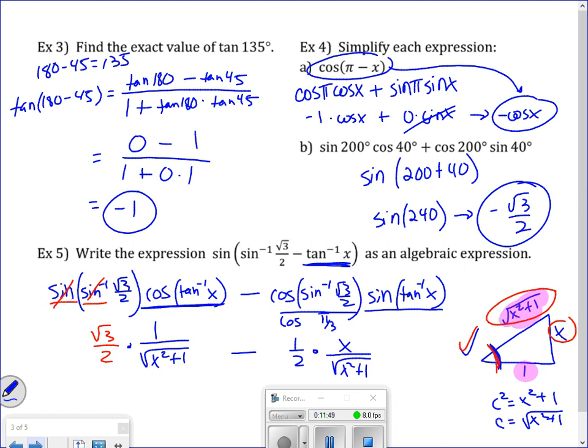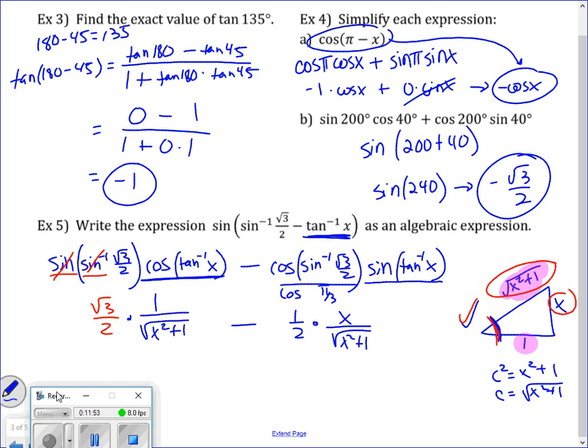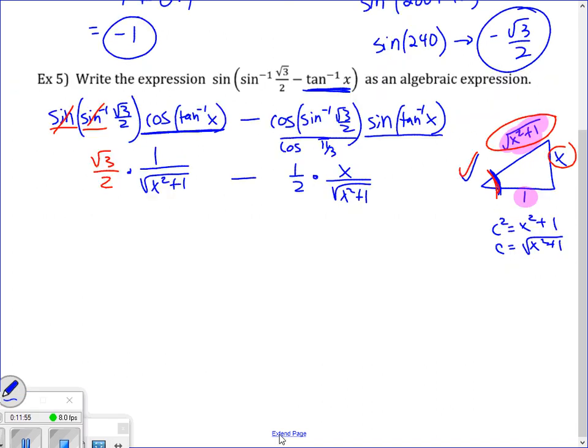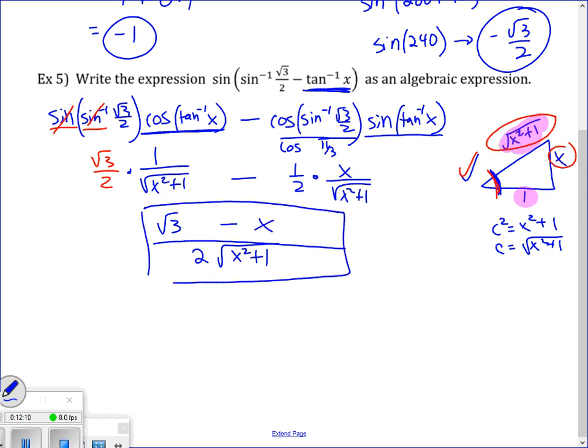All right, now we'll just clean this up a little bit and be done. So I got square root of 3. My denominator is already matched, so I'm going to put 2 radical x squared plus 1 down there. The first part is square root of 3 minus the second part is x, and there is my answer. I won't make you rationalize that.